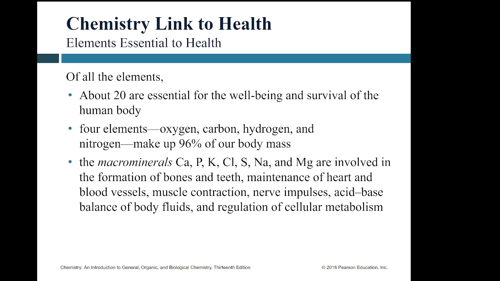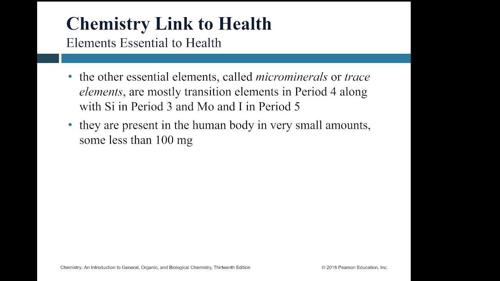Your other essential elements are called your microminerals, or trace elements. That doesn't mean less important. It means you need less of them in your diet. These are mostly the transition metals. They're mostly on period 4, with silicon in period 3, and molybdenum and iodine in period 5.